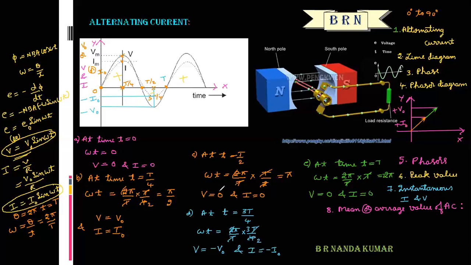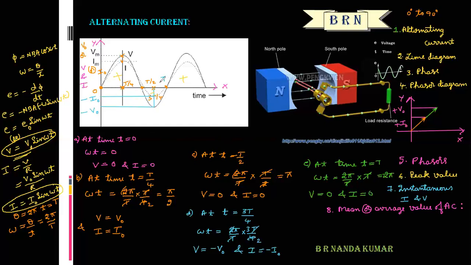So mean value means the average value of alternating current or alternating voltage measured over half cycle. The average value of alternating current or alternating voltage measured over half cycle.